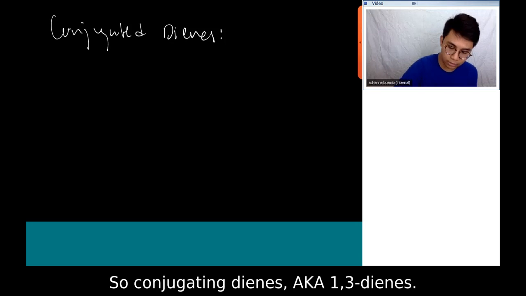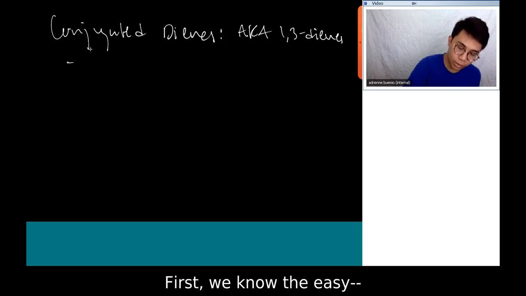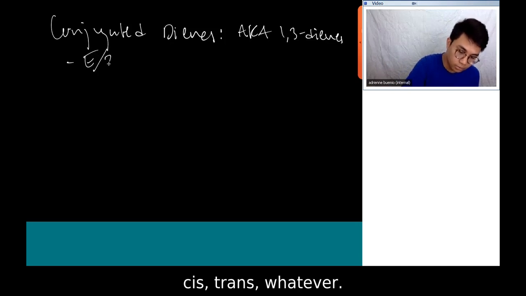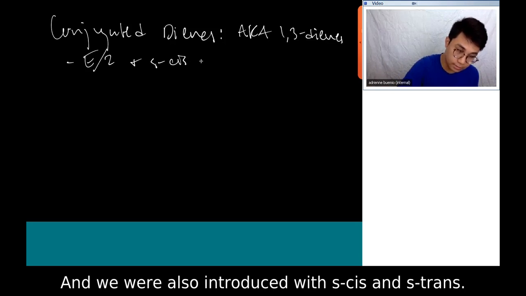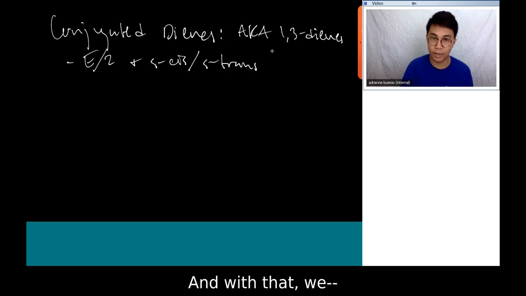So conjugated dienes, aka 1,3-dienes. First, we know the easy ones, right? Cis, trans, whatever. And we were also introduced to S-cis and S-trans.